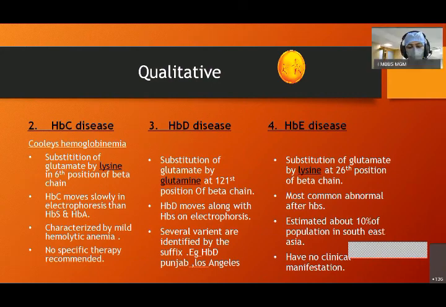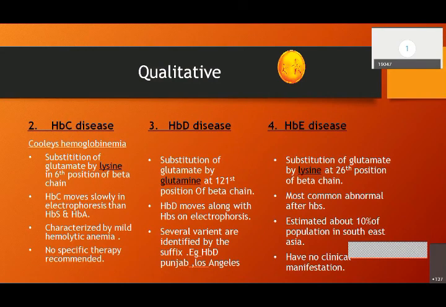Yes, ma'am. Now we have seen sickle cell disease. Now we see other qualitative disorders like HbC disease, HbD, and HbE. In HbC, Cooley's hemoglobinopathy, there is a substitution of glutamate by lysine at the sixth position of the beta chain.